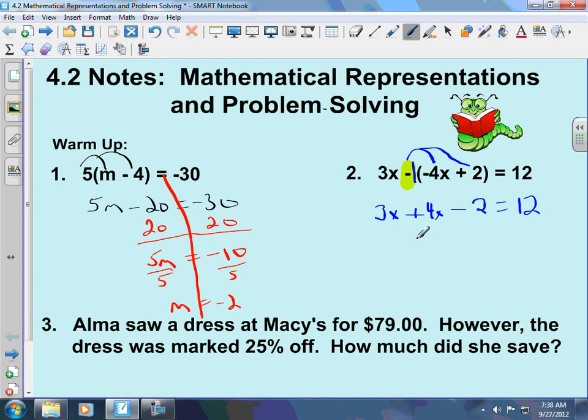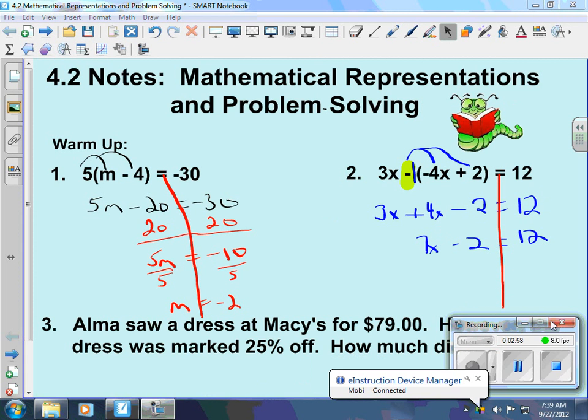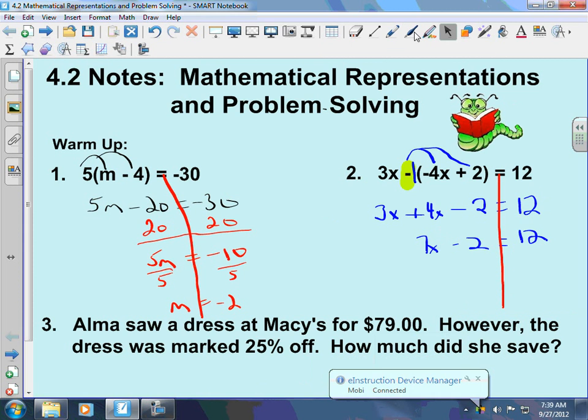3 and 4 both have x's. They become 7x. We have to combine them. Minus 2 equals 12. They're on the same side of the equal sign. That's why we combine them. Okay, so then I'm going to add 2 to both sides. 7x equals 14.